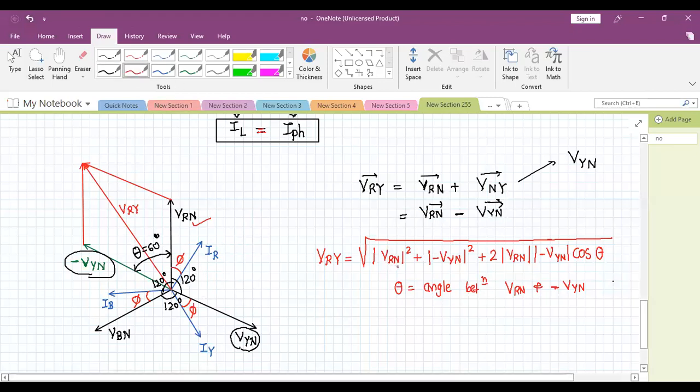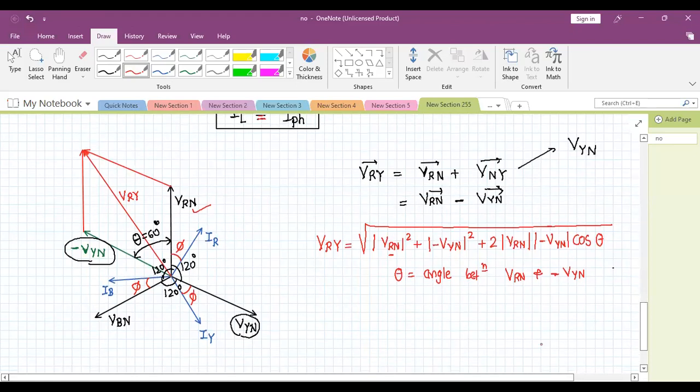Now see, VRN is our VPH. VRN is a phase voltage. VYN is a phase voltage. And VRY is a line voltage.